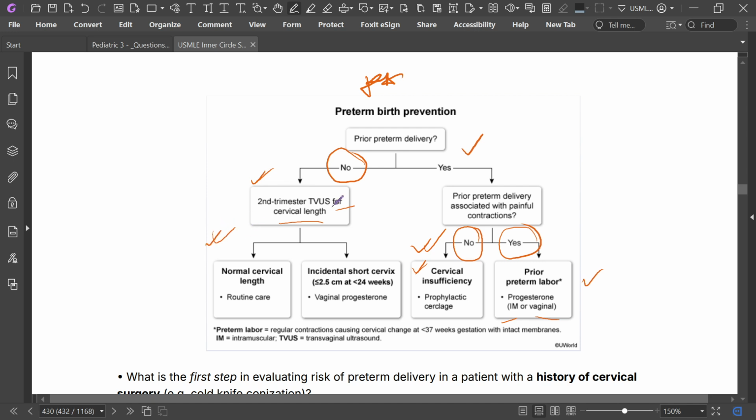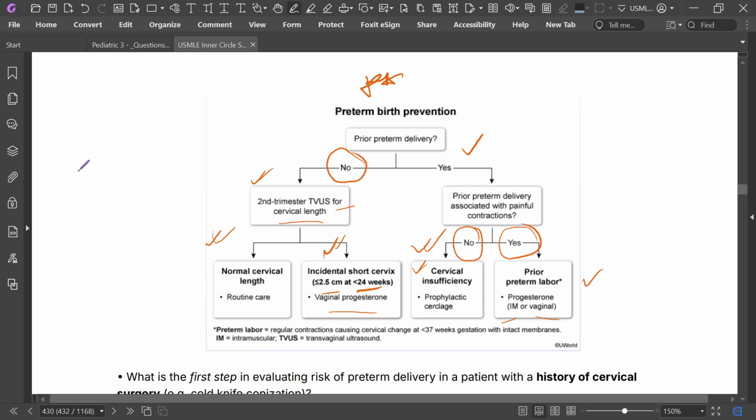If normal cervical length, routine care. If it is an incidental short cervix less than 2.5 centimeters at less than 24 weeks, give vaginal progesterone.